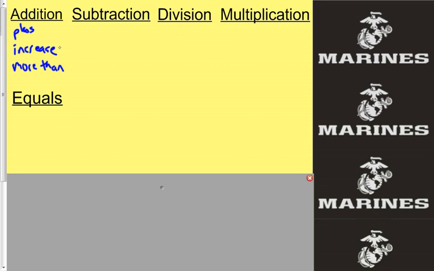And I think those are all very common ones, so make sure you have those written down. If we're doing subtraction, you might see the word difference. So the difference between two things. You also might see less than or decreased.